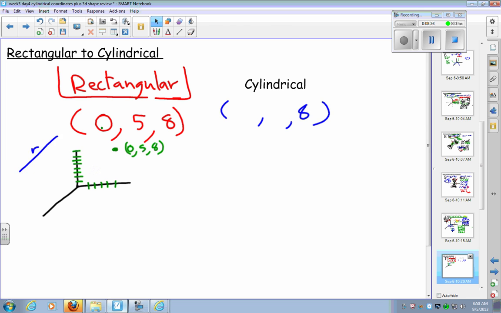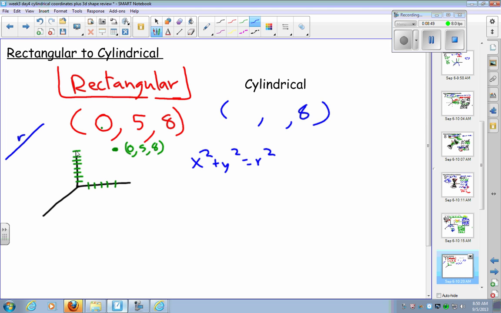That is really badly drawn. My fault, guys. Let's just do this first, and then I'll show you where that length is. X squared plus Y squared equals R squared. 0 squared plus 5 squared equals R squared. So R equals 5.